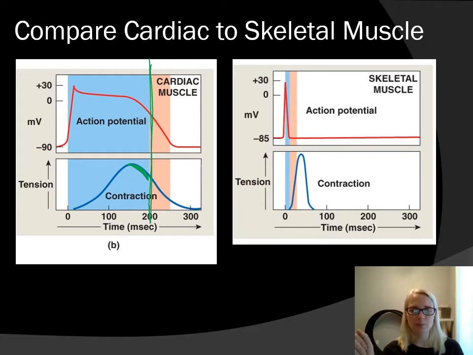When we look at skeletal muscle, it's still in the contraction phase when we are through both refractory periods. So we can keep firing, keep firing, keep firing, and we can do contraction and tetanus. We can maintain tetanus if the neurons are firing fast enough. If the frequency of stimulation is fast enough, we can reach tetanus. That is impossible with cardiac muscle cells, okay? Which is pretty cool.